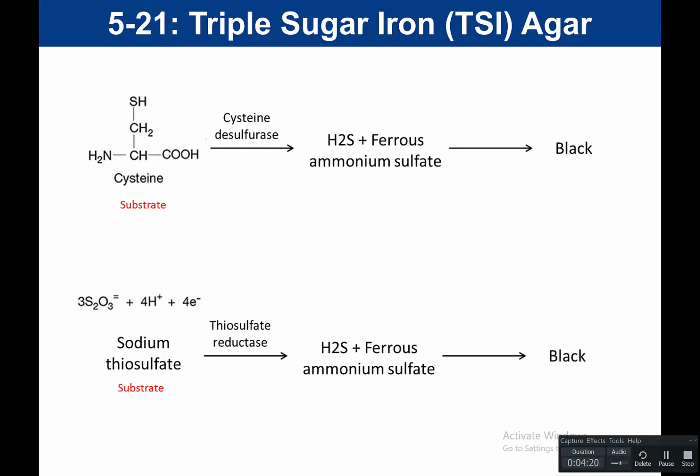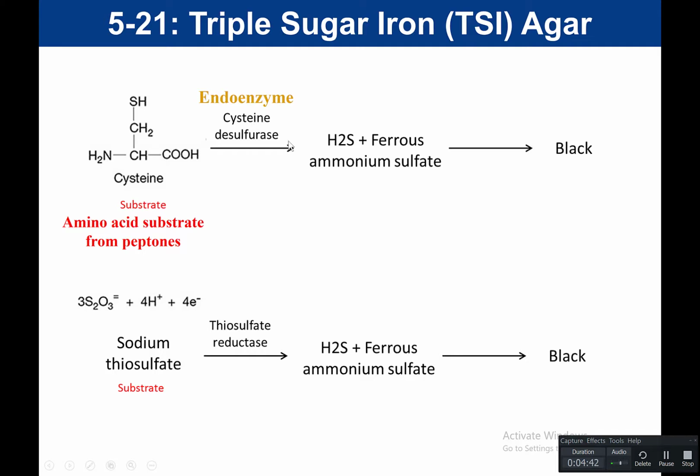For the sulfur reduction part, you have 2 substrates. We have cysteine. Cysteine is an amino acid substrate that is found in peptones. Those peptones are partially digested proteins, and will contain the amino acid cysteine. So that is a substrate.